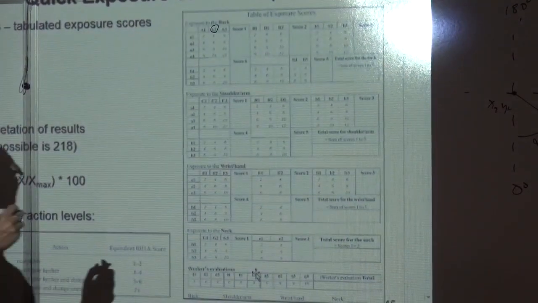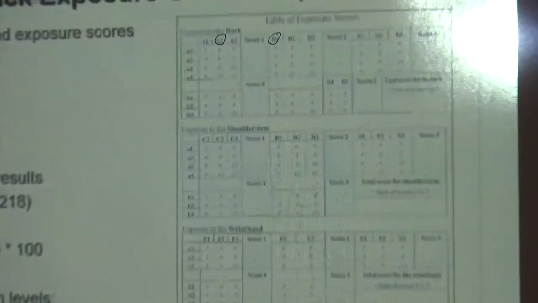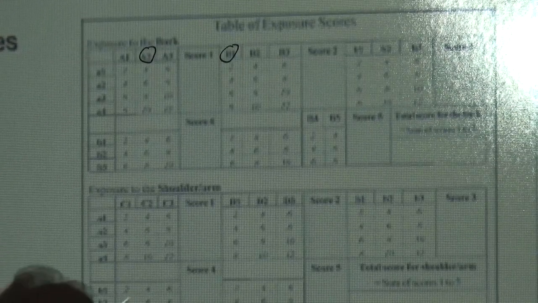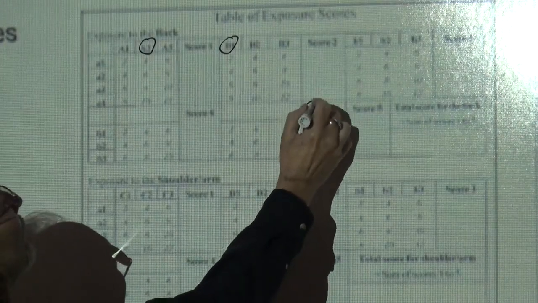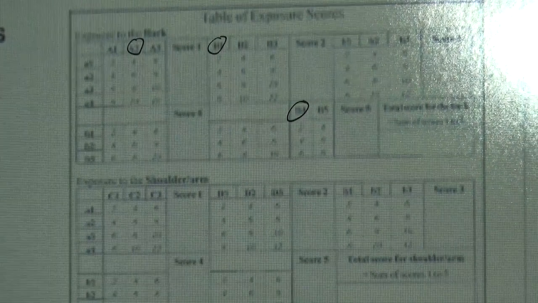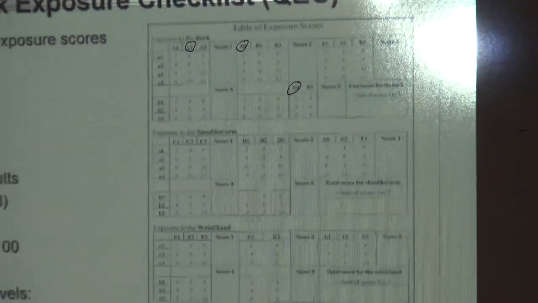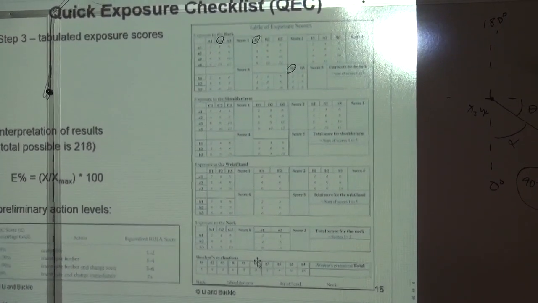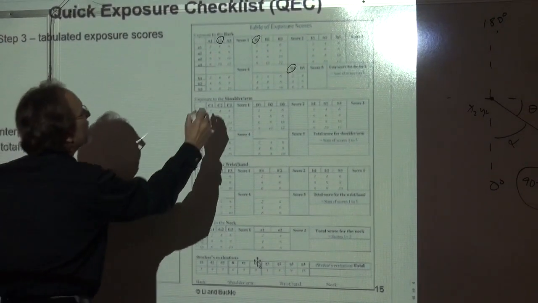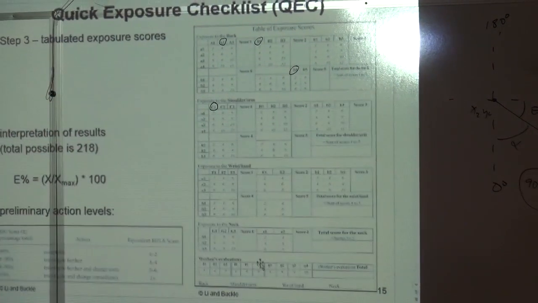A B1, B4, here. C1 is right here, and if I circle the wrong thing because I can't read it, let me know.